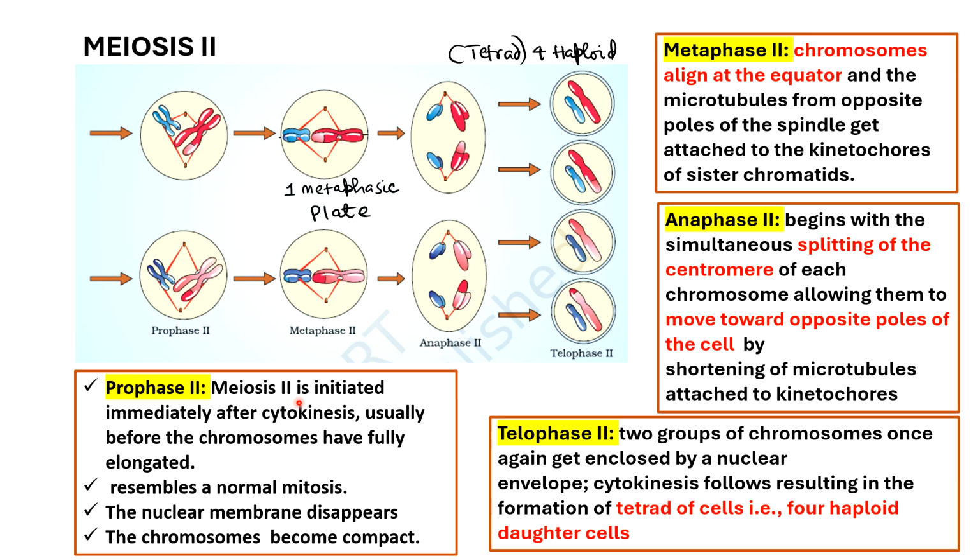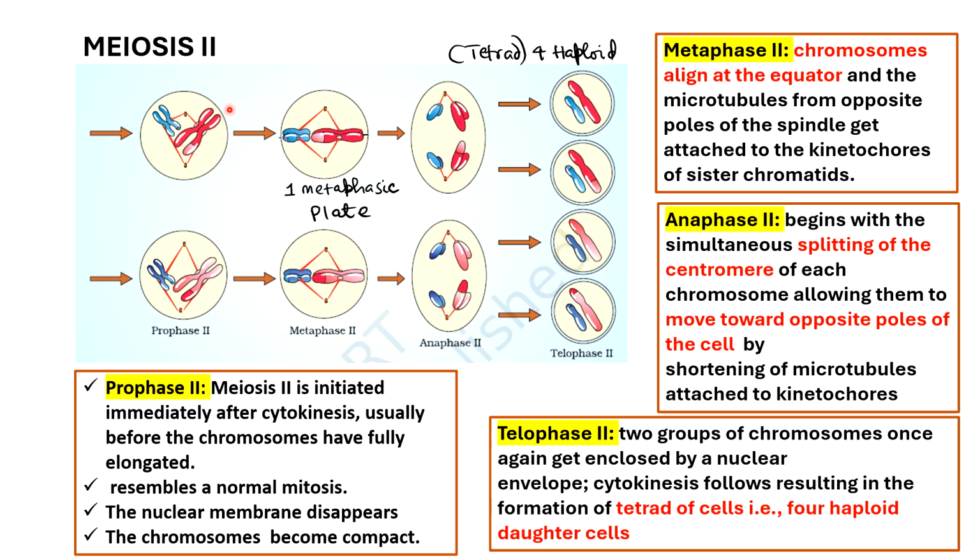In prophase 2, meiosis part 2 is initiated immediately after cytokinesis, usually before the chromosomes have fully elongated. Now, this prophase 2 resembles that of normal mitosis. The nuclear membrane disappears and the chromosomes become compact. Essentially, whatever haploid number of chromosomes we have got had undergone a little decondensation in the interkinesis stage.